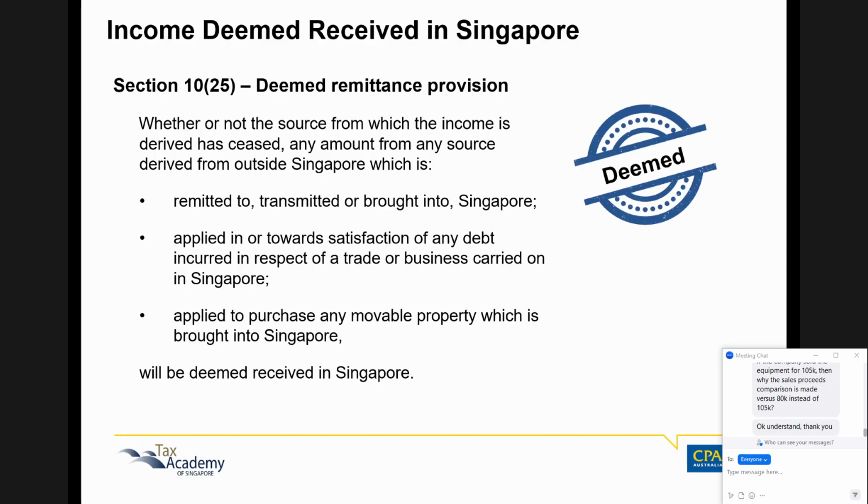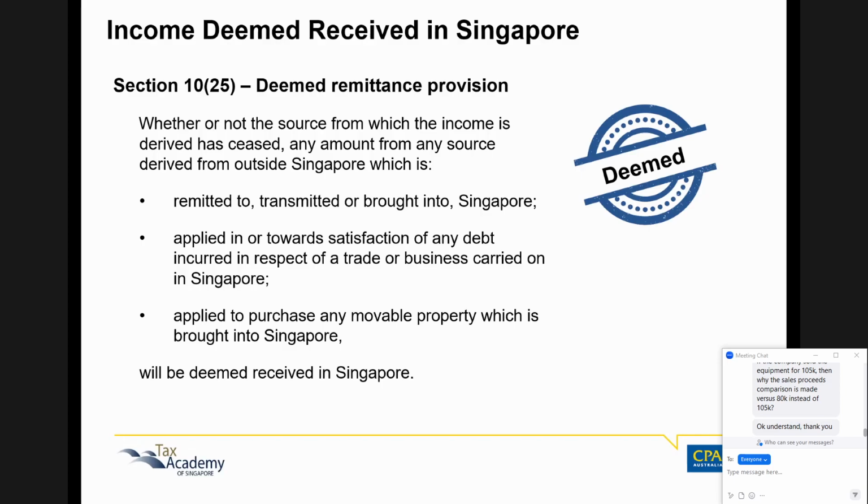Then I use that money in my Malaysia bank account to pay my Malaysia supplier. But all this is for my business in Singapore. So that payment is also considered as deemed remitted, even though the money is not in Singapore, because it's in respect of a trade or business carried on in Singapore.